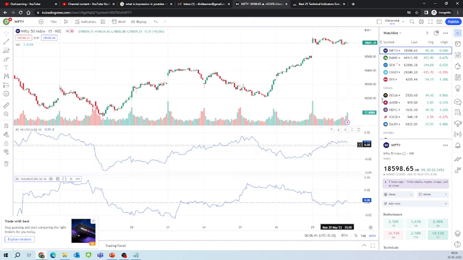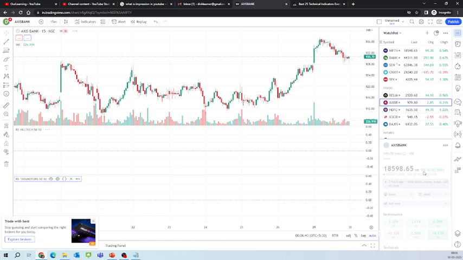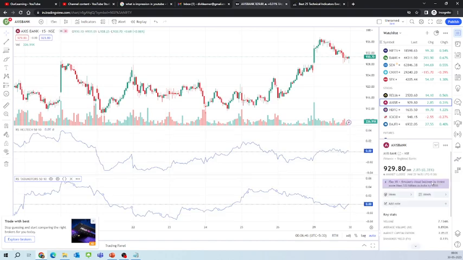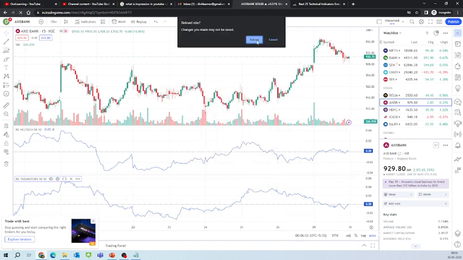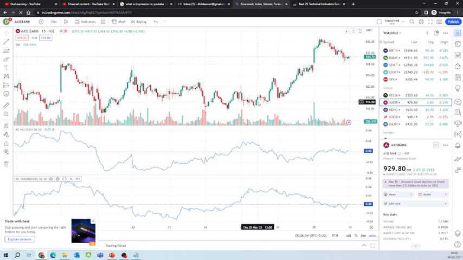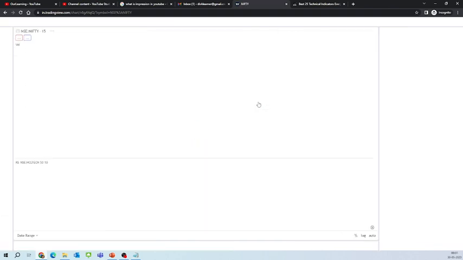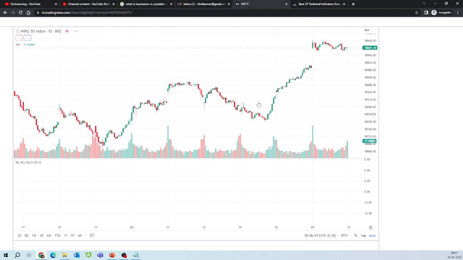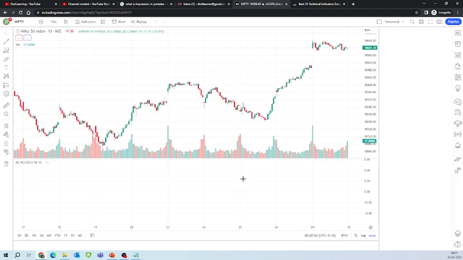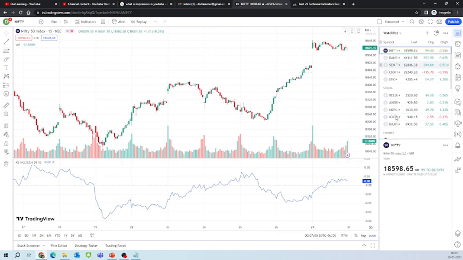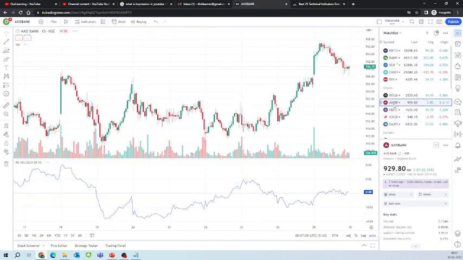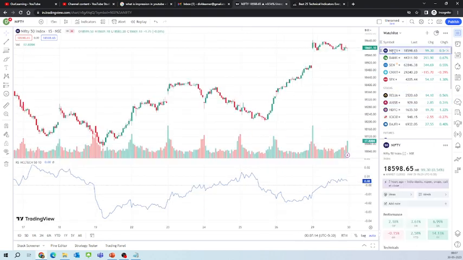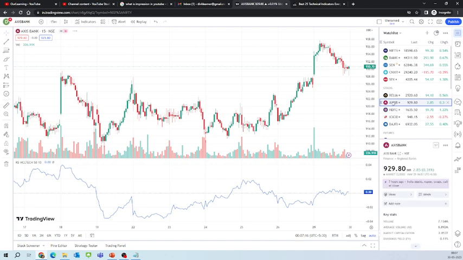So now let's just put in this stock that I want to check. So if you see here, let me just refresh the screen. I just want to check the comparison.